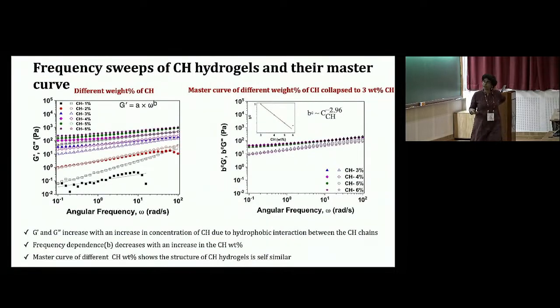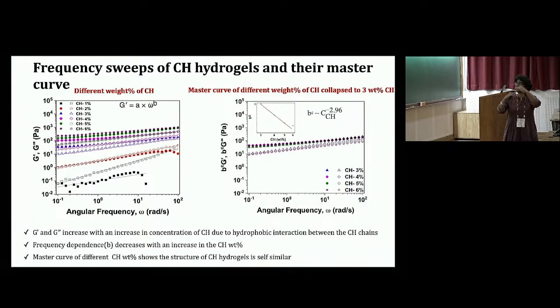We also did a lot of rheological characterization, which we published and also learned from through the literature. When we started, we first varied just the concentration of chitosan, from 1% to about 6%. These chitosan hydrogels are reported to be self-similar.